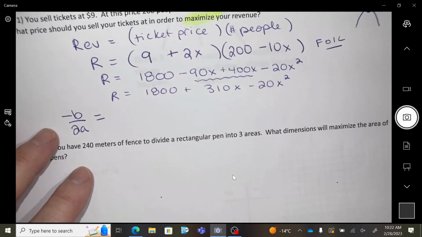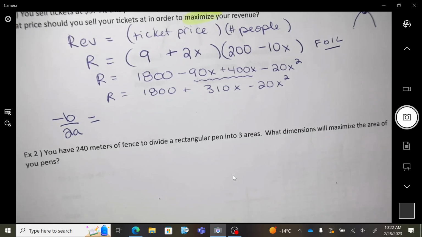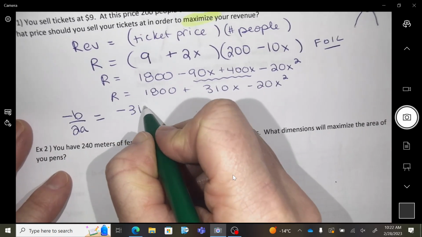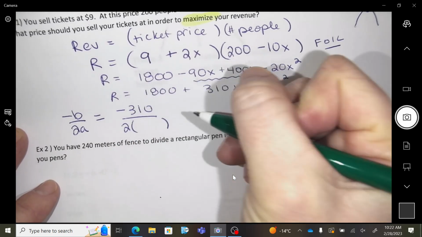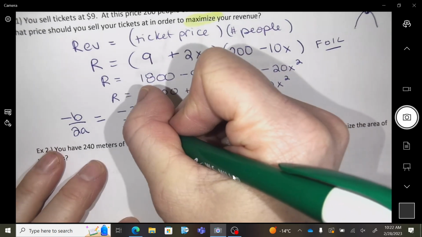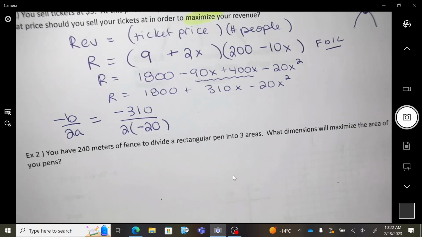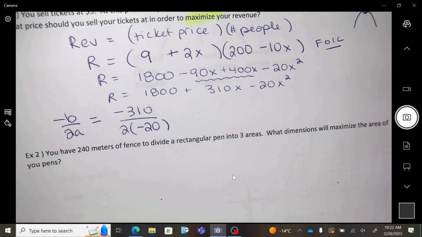All right, how it looks, I've tricked you a little bit. Which is the negative b part? Did you do negative 310? Over 2 times, what is the a number? Negative 20, did you pick that? Did you notice how I didn't have this as an A, B, C order?